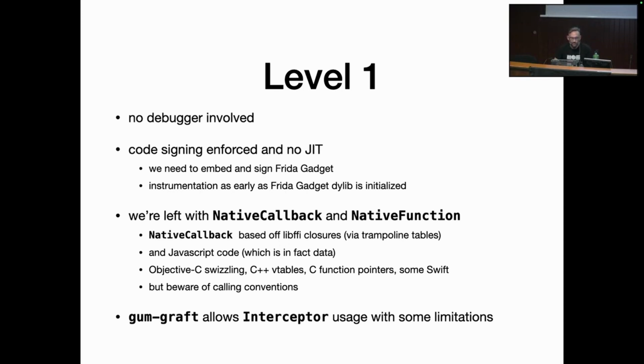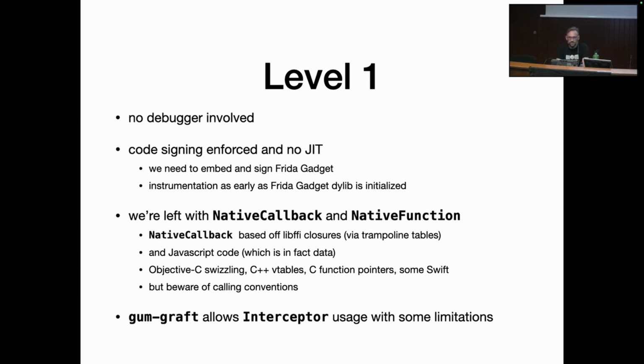And we can use NativeCallbacks and NativeFunctions to overwrite pointers and call the original implementations, so we can still do swizzling in Objective-C methods and blocks. We can replace pointers in C++ vtables. We can replace generic function pointers in structures, and even some Swift if you're brave.